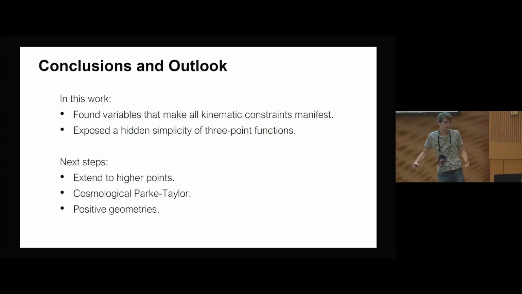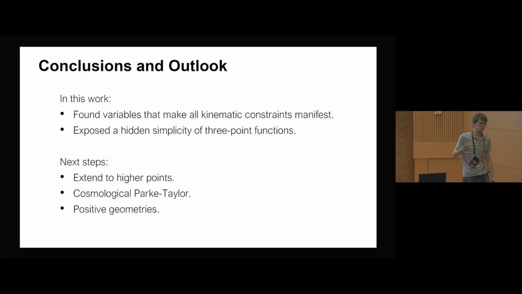The first thing that people usually do is use the most convenient variables possible, usually momentum twistors, to build the amplitude. So maybe these variables are useful for a similar interpretation.